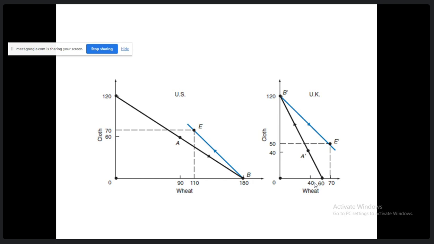Now we are saying that suppose US specializes in wheat and UK specializes in cloth because it has comparative advantage. US has comparative advantage in the production of wheat and UK has comparative advantage in the production of cloth.